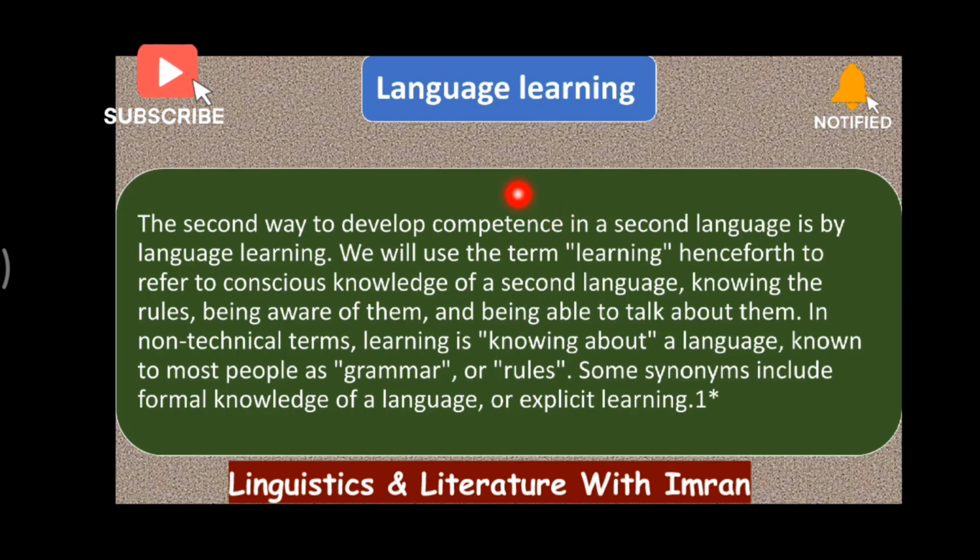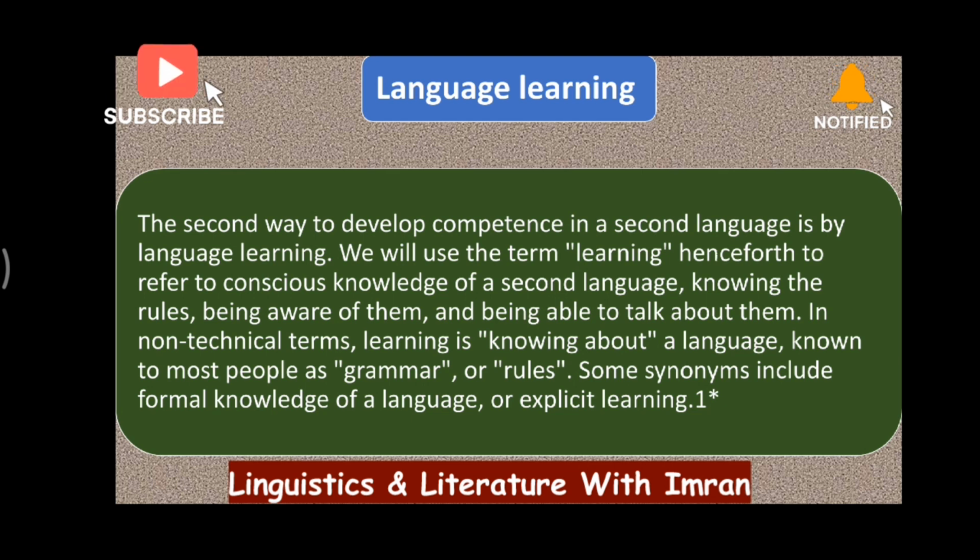Now, what is language learning? On the other hand, language learning needs proper instruction, or it is a kind of conscious process. If acquisition is an unconscious or subconscious process, then learning would be a conscious process.